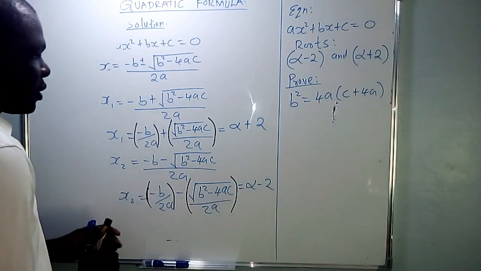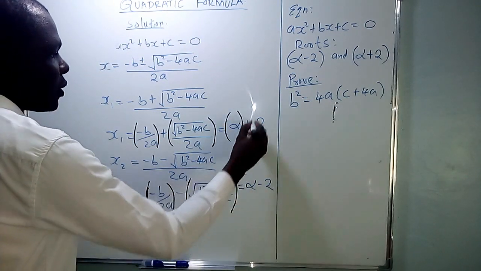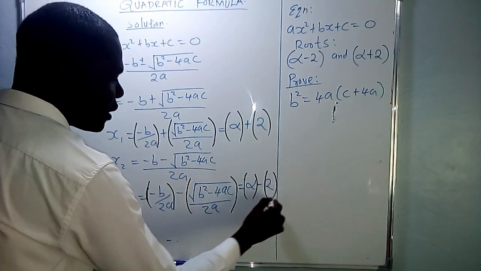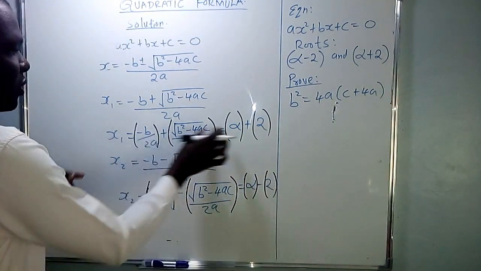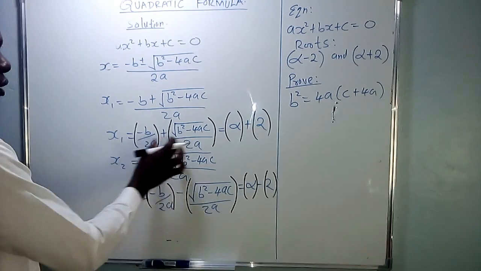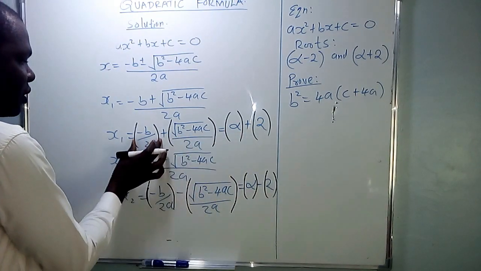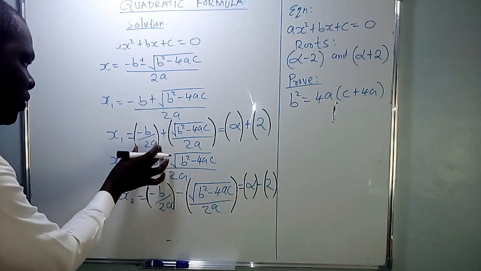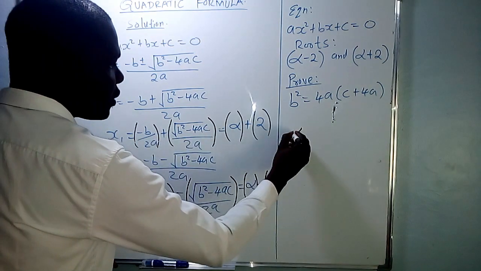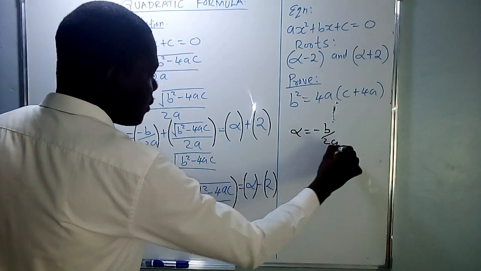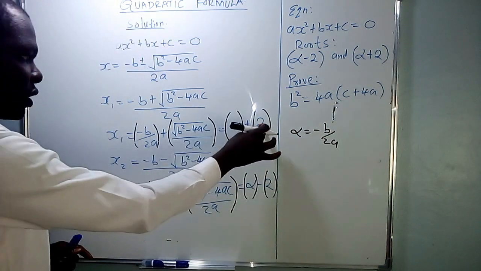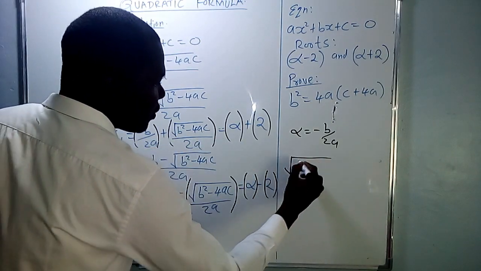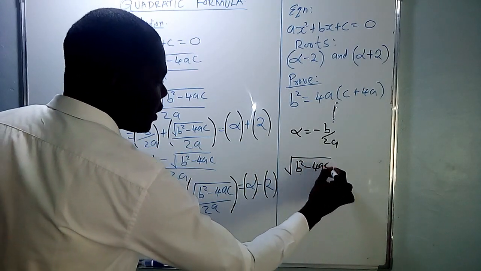So the sign in the middle of one root is positive and in the other root is negative. So the first term there, which is alpha, is minus b over 2a. The second term, which is root b squared minus 4ac over 2a, is equivalent to 2, isn't it? Are you seeing that? It's equivalent to 2.